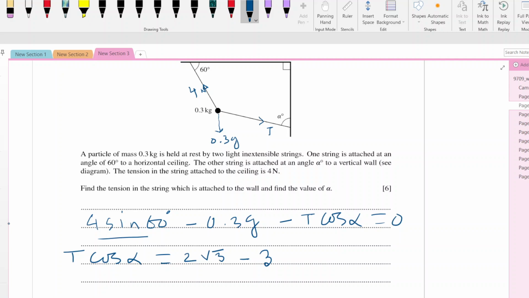This is T cos alpha. Consider this as equation 1.